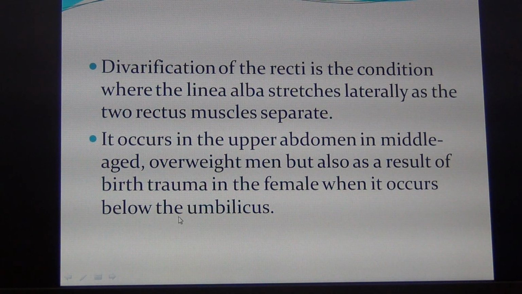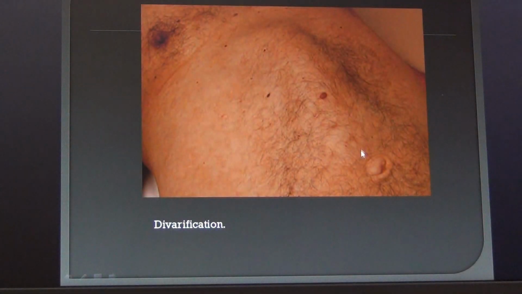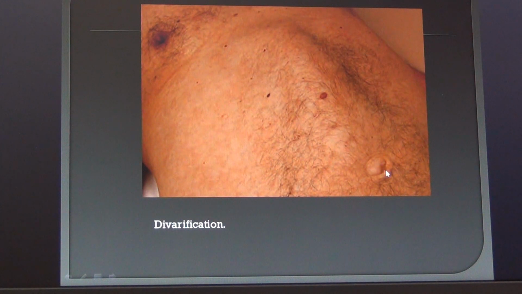It usually occurs in middle-aged, overweight men, but can also occur in pregnancy or birth trauma in females. If you see the photo, this is the umbilicus. There is a small para-umbilical hernia, and the bulging here in the epigastric region, in the area of the midline, which is the area of the linea alba, is called divarication of the recti.